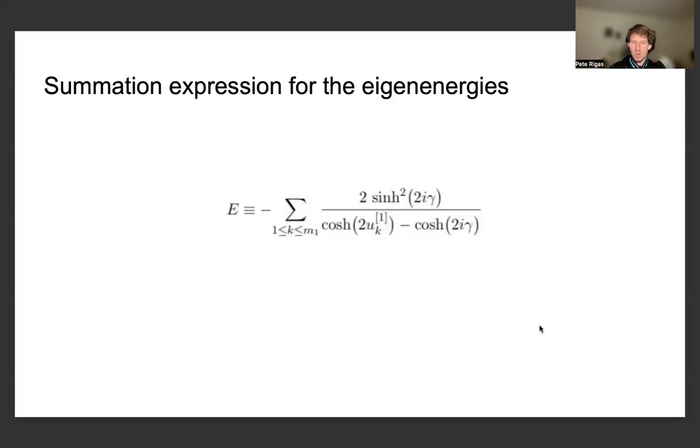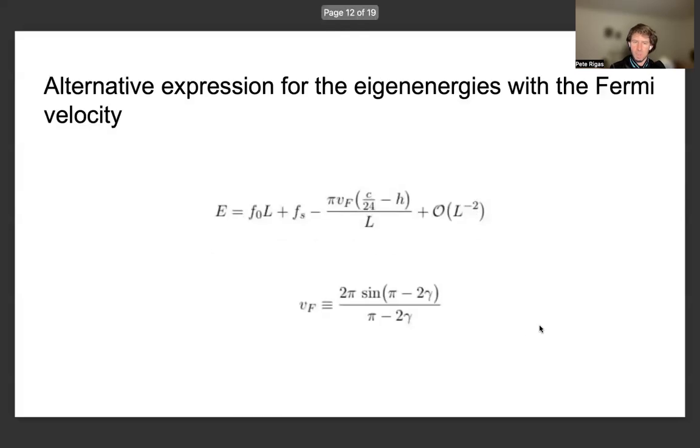And we can have an expression for the summation of the eigenenergies of the local Hamiltonian, which is given by a summation over k of 2 times the hyperbolic sine squared of 2 times the anisotropy parameter, normalized by the hyperbolic cosine of 2 times the roots of the first kind of the Bethe equations minus the hyperbolic cosine of 2 times the anisotropy parameter.